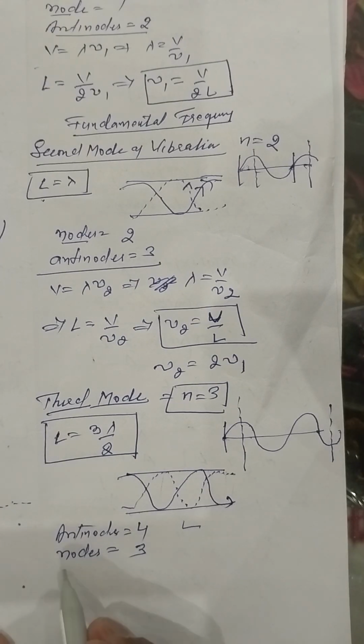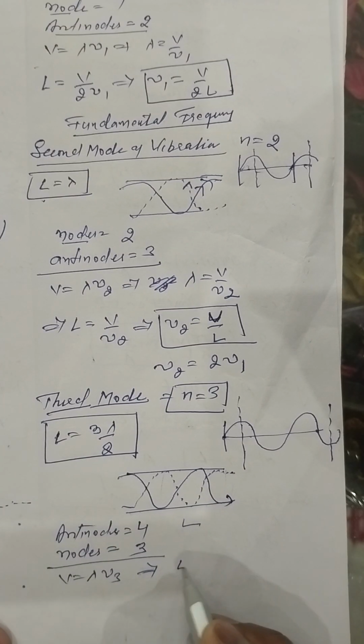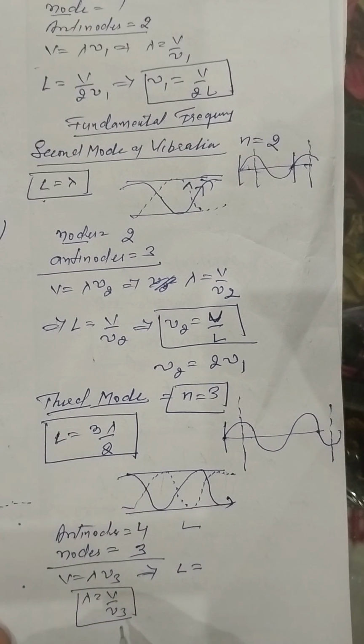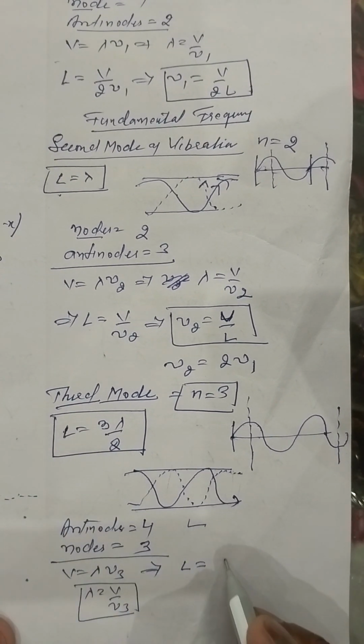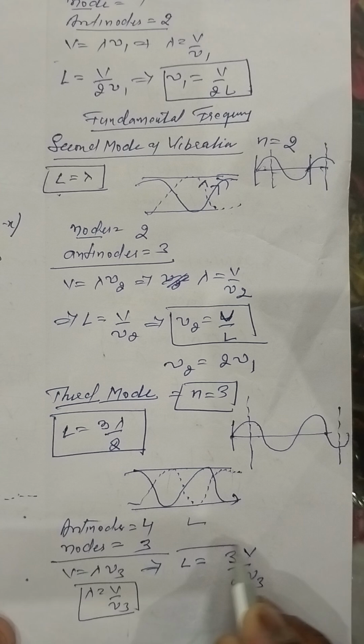So now the value of nu 3: V is equal to lambda into nu 3. So lambda is equal to V upon nu 3. Put this equation in this, L will be equal to 3 into V upon 2 into nu 3.